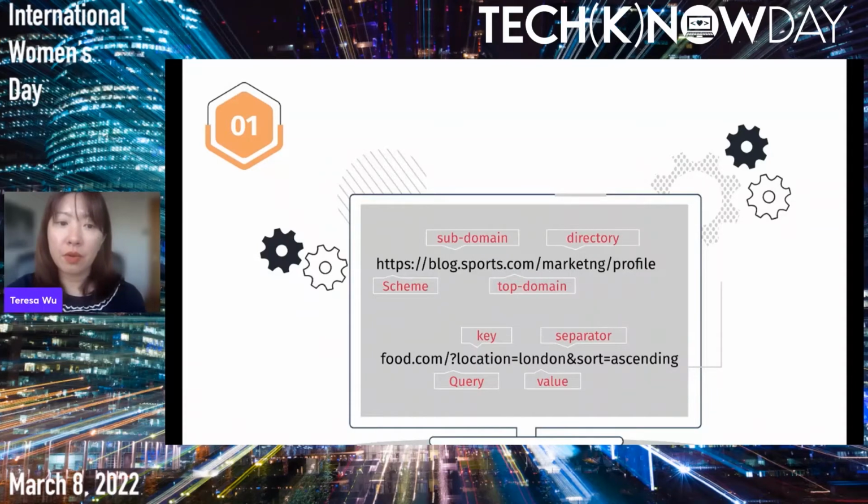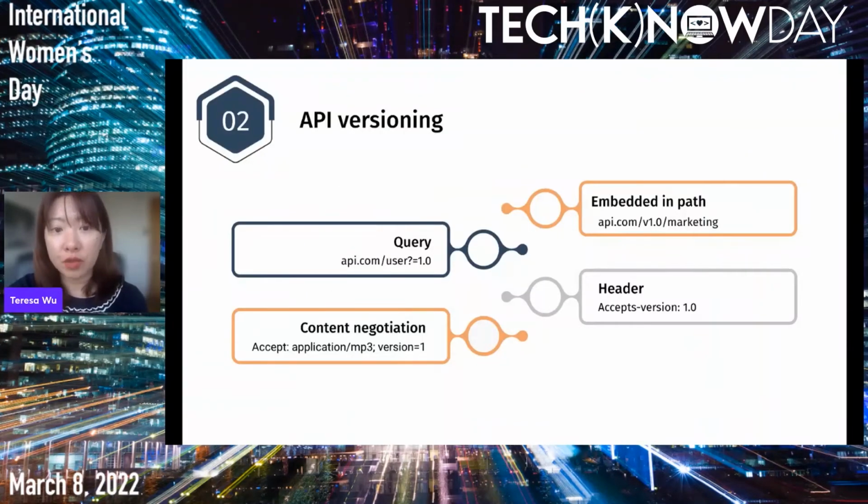Once you have your URL structure set, the next thing you want to think about when you design your API is API versioning. There are four major ways you can version your API. First is the query. It's quite easy, but it's difficult to route requests to the proper API version.